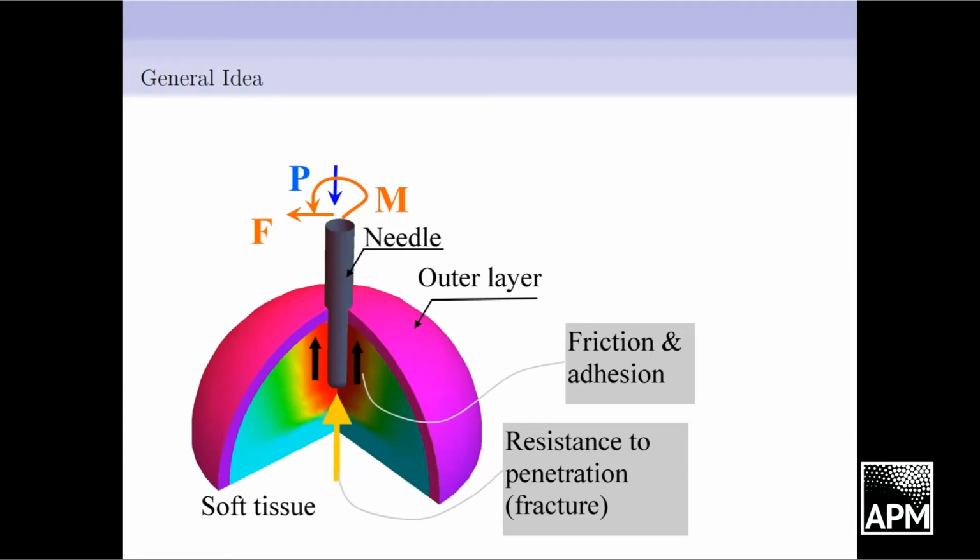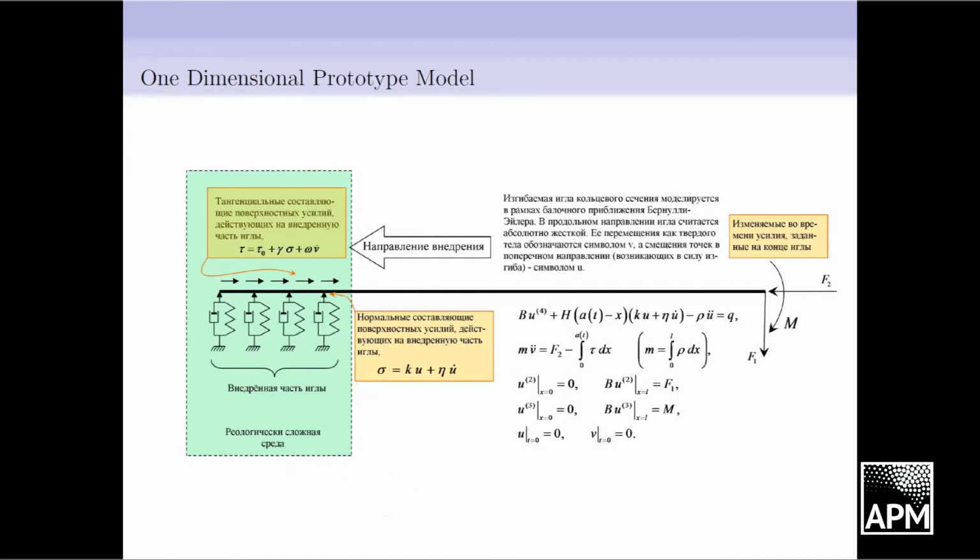How can we do it? Of course, this problem is complicated, and in order to make a simple approach, we study a simpler one-dimensional prototype model. In this model, we take the needle as a beam that can bend under the forces applied to its right end.